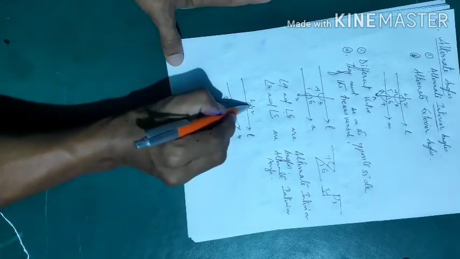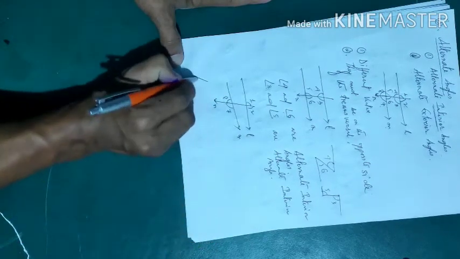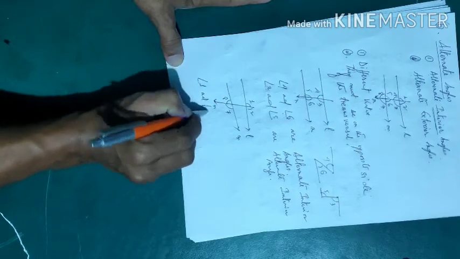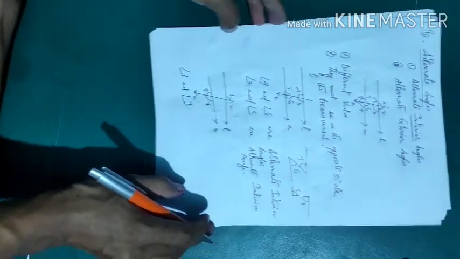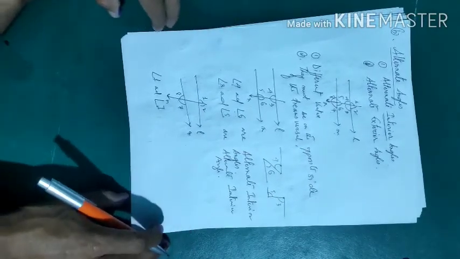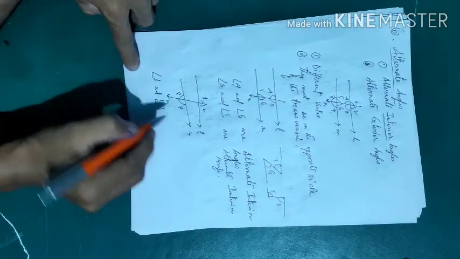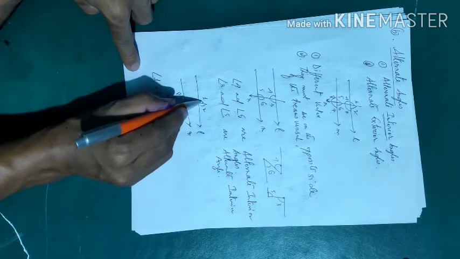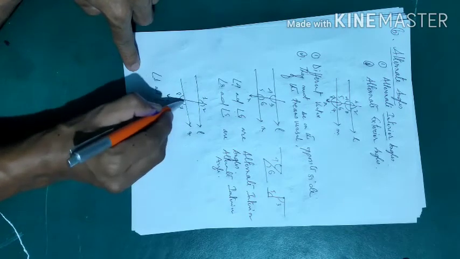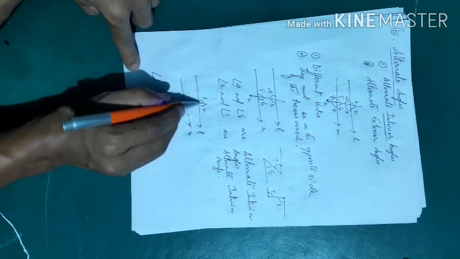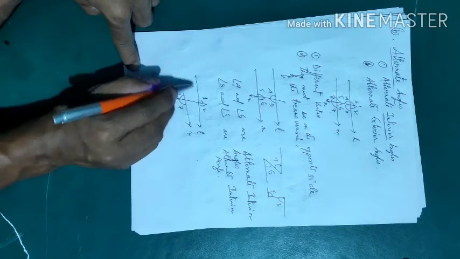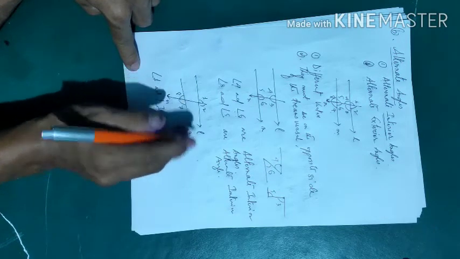You can see here angle 1 and angle 7. Let us compare angle 1 and angle 7. You can see that angle 1 has a different vertex, 7 has a different vertex, and one is on the left side of the transversal line and one is on the right side.